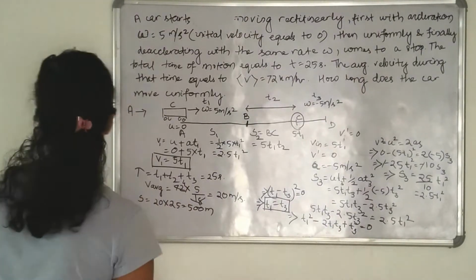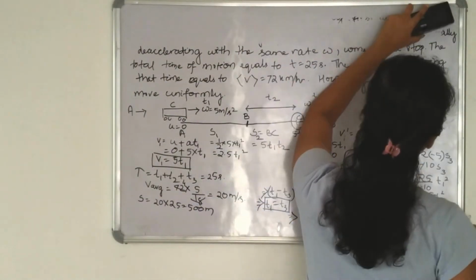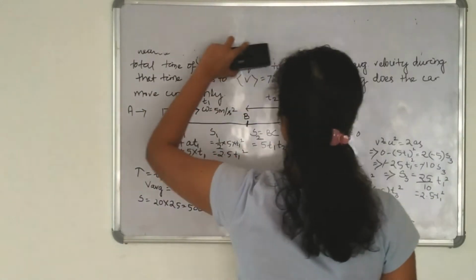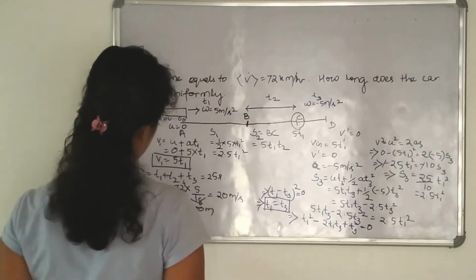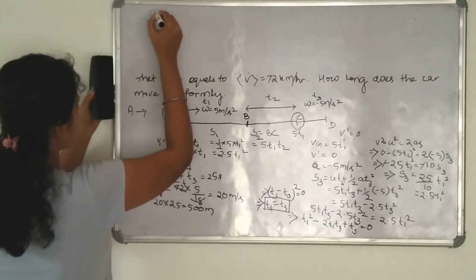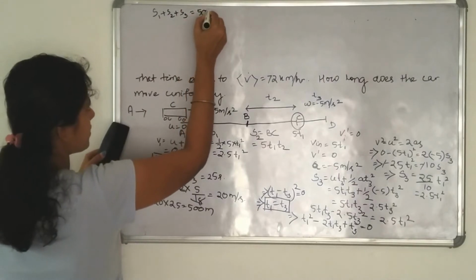So I am making some space. S1 plus S2 plus S3 is equal to 500 meter.